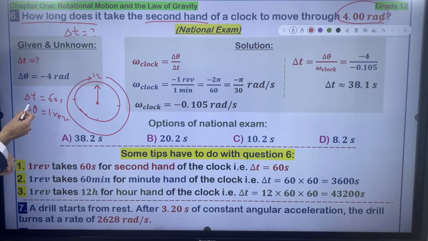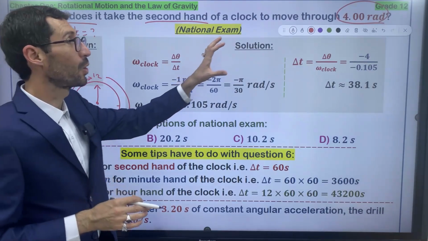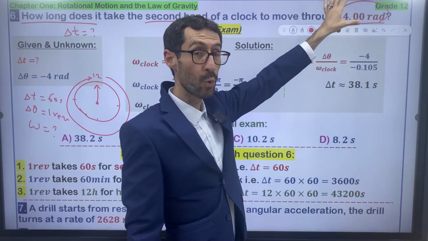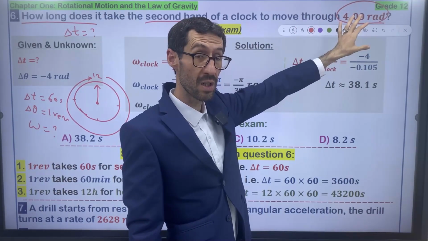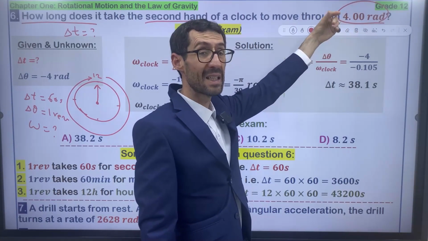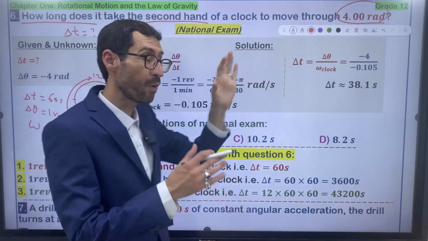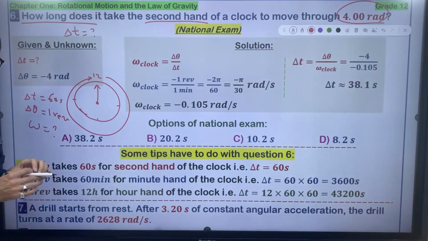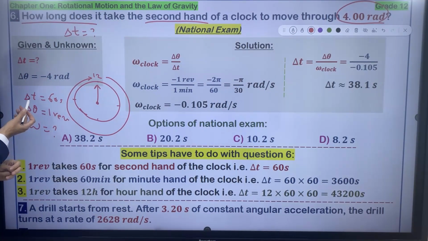By means of delta theta and delta t, we can find omega for the clock, and it's constant, right? You see that we ignored the information within the question. We didn't care about 4 radian. We focused on the clock, and we deduced delta t and delta theta, and by this information we can find omega.